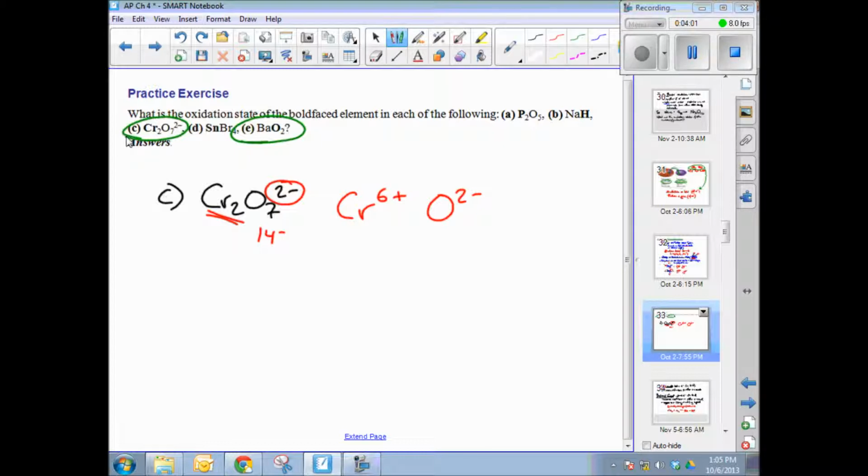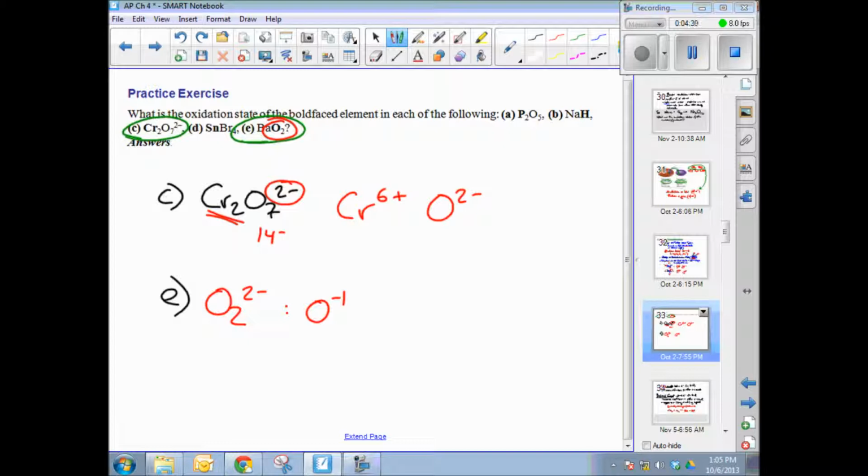Now, example E is one you must remember for the AP exam. That is a peroxide. The peroxide polyatomic is that right here, and it has a charge of O2 2-. It is the only exception where oxygen is not an O2- charge per oxygen atom. If you look at it, it's 2 oxygens with a 2- charge. Therefore, each oxygen is an O-1.